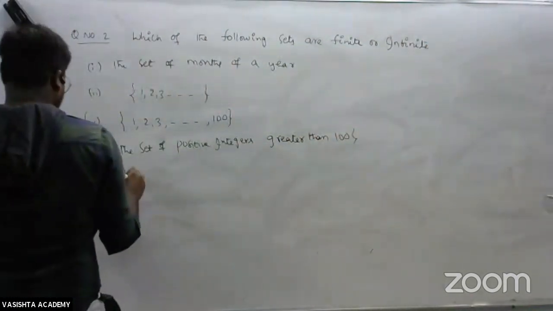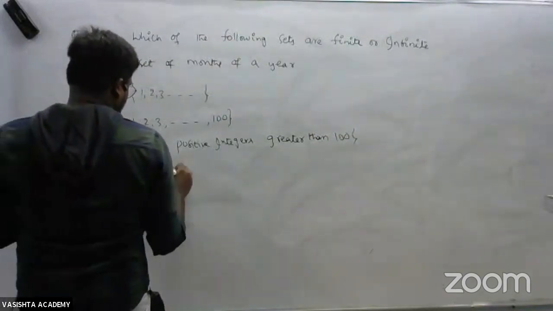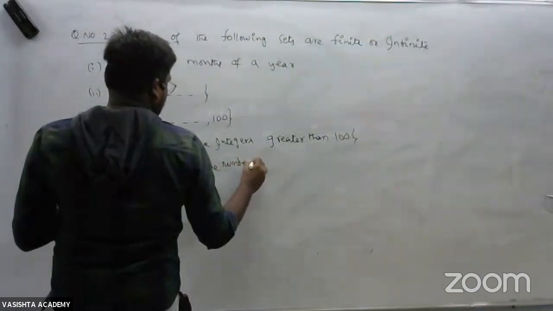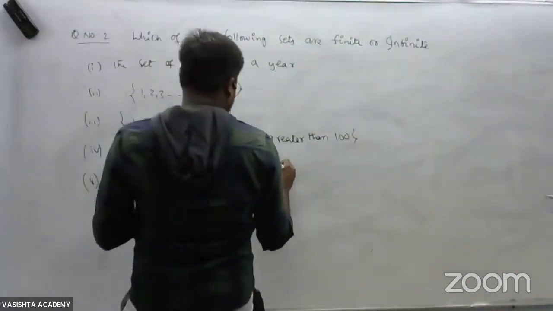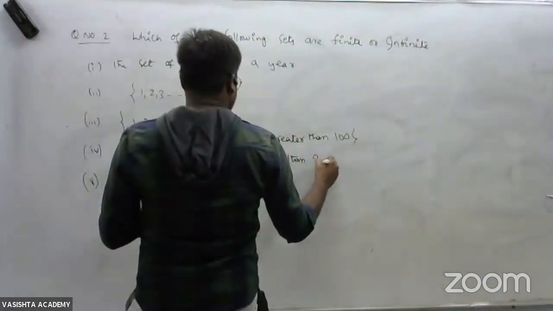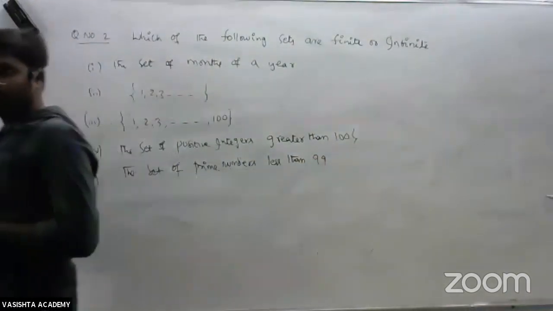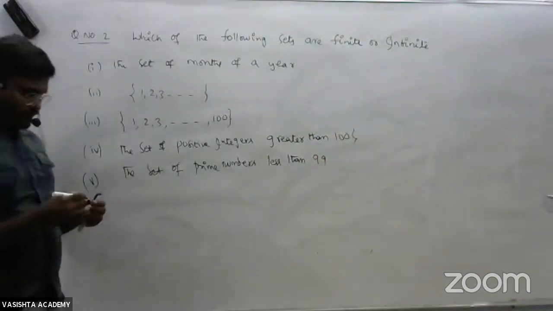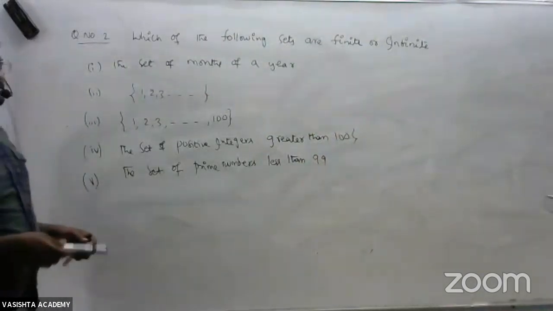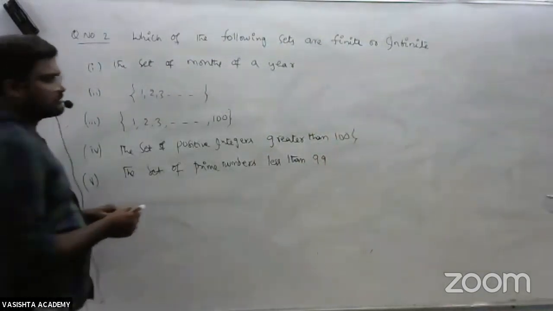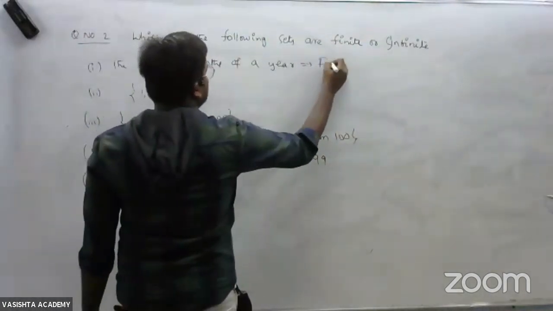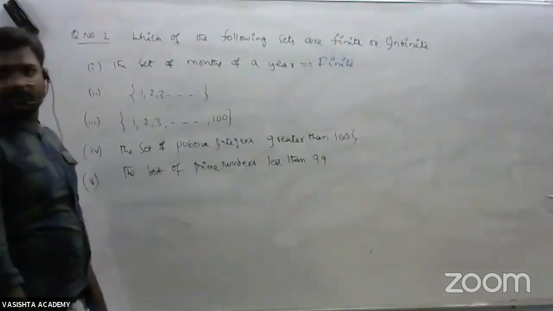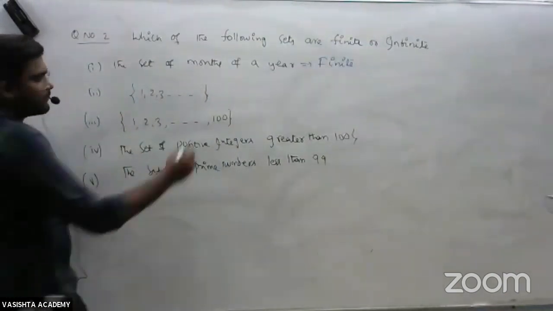The fifth one, the set of prime numbers less than 99. Answer very easy. Very simple question. Set of months of a year. It is finite. 12 months, right? So this is a finite set. What about this one? Infinite. Natural numbers.